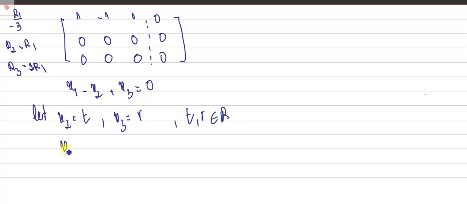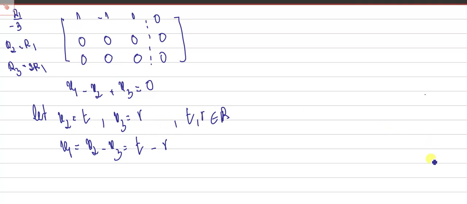So we got x1 is equal to x2 minus x3. So our x1 is t minus r, x2 is t, and x3 is r.